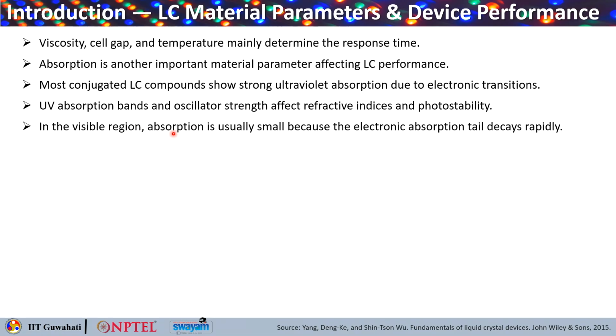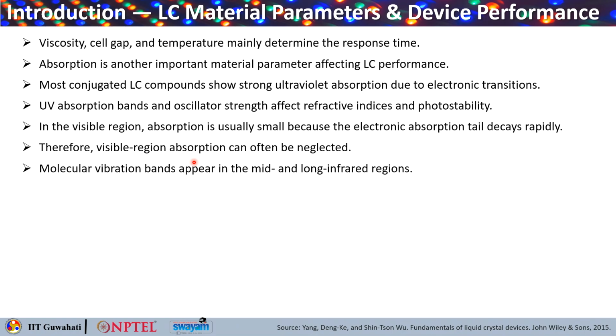In the visible region, absorption is usually small because the electronic absorption tail decays very rapidly. So you can safely ignore the visible region absorption for the case of liquid crystals. That makes them suitable for display applications, because here you are mainly worried about your visible range.